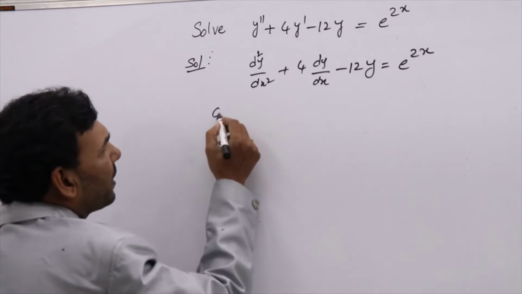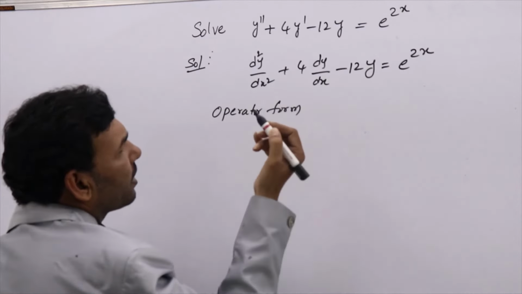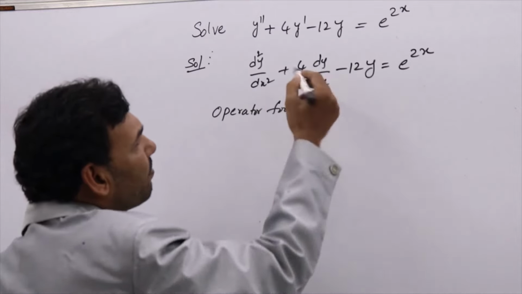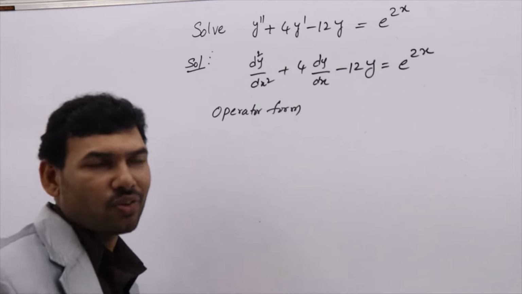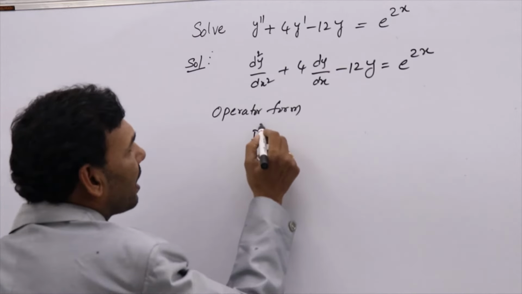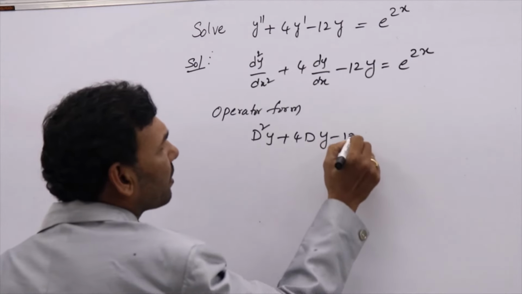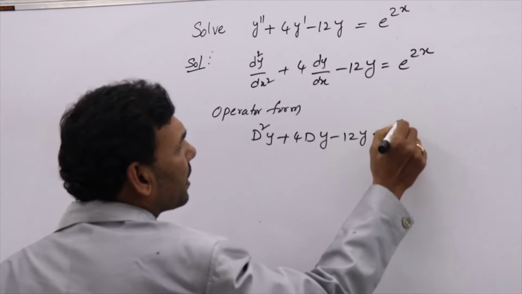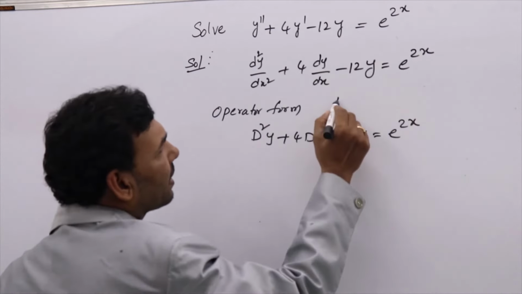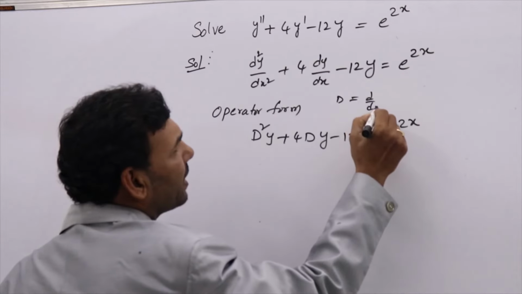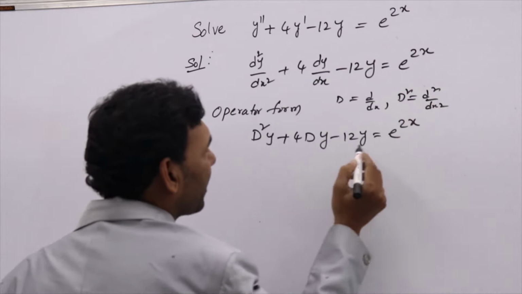Now, we know how to write the operator form of this type of DE: by replacing d by dx with capital D, and d square by dx square with capital D square. Capital D square y plus 4Dy minus 12y equals e power 2x.